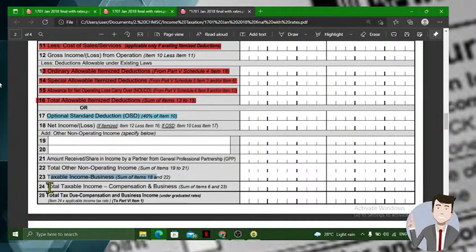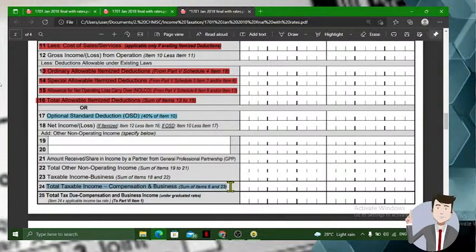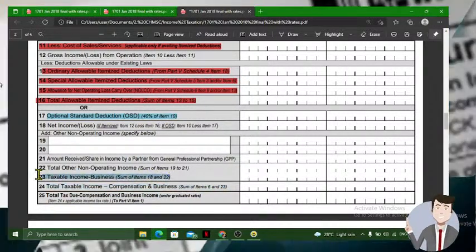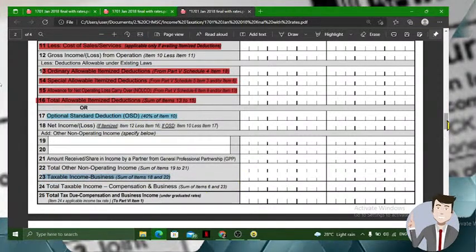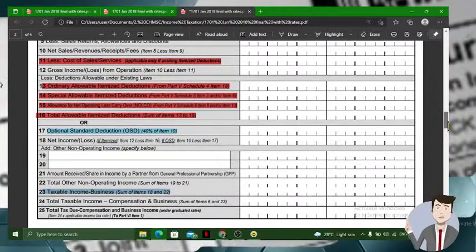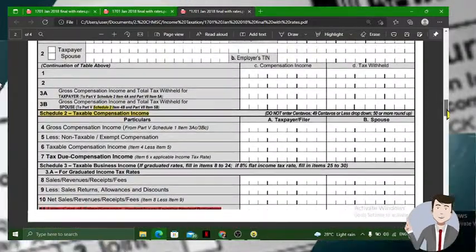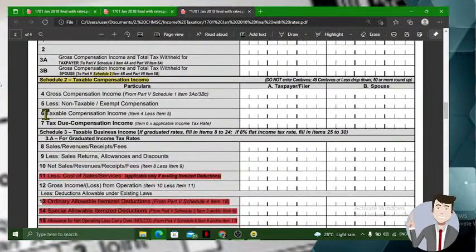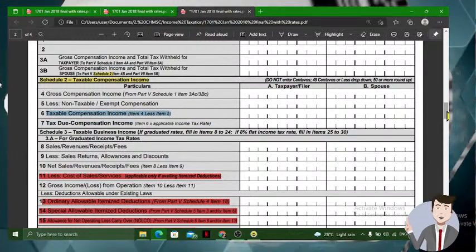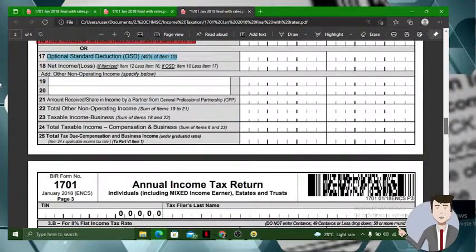Next is we have your total taxable income from compensation and business, that's item number 23, which was just computed, plus item number 6. Item number 6 is your compensation income from your employment, your total compensation income. Okay? You have to include that.